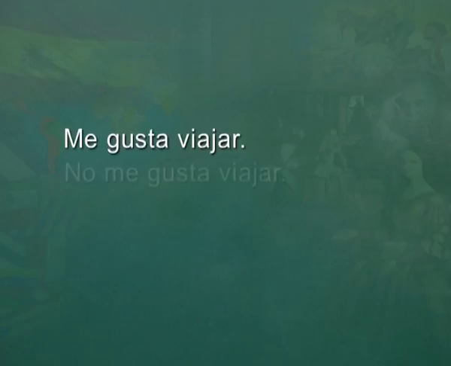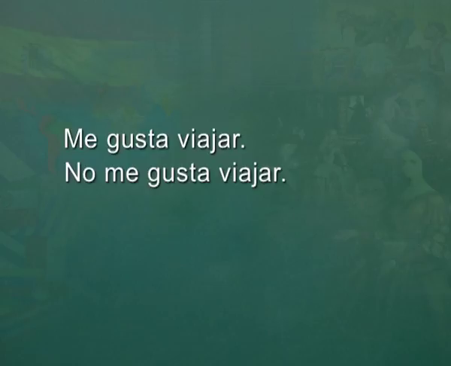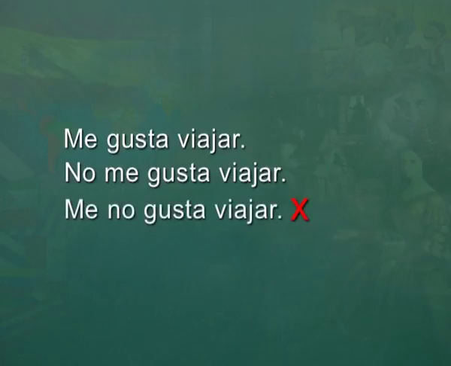But in this case, the no comes before the pronoun. Me gusta viajar. No me gusta viajar. It is wrong to say me no gusta viajar. It is right to say no me gusta viajar. So, please notice this difference and practice accordingly.